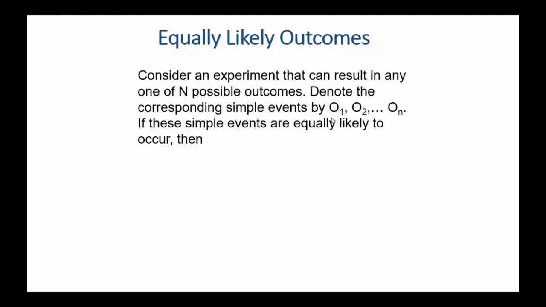Okay, let's see what happens when we have equally likely outcomes. So let's say we have an experiment that can result in any one of n possible outcomes.